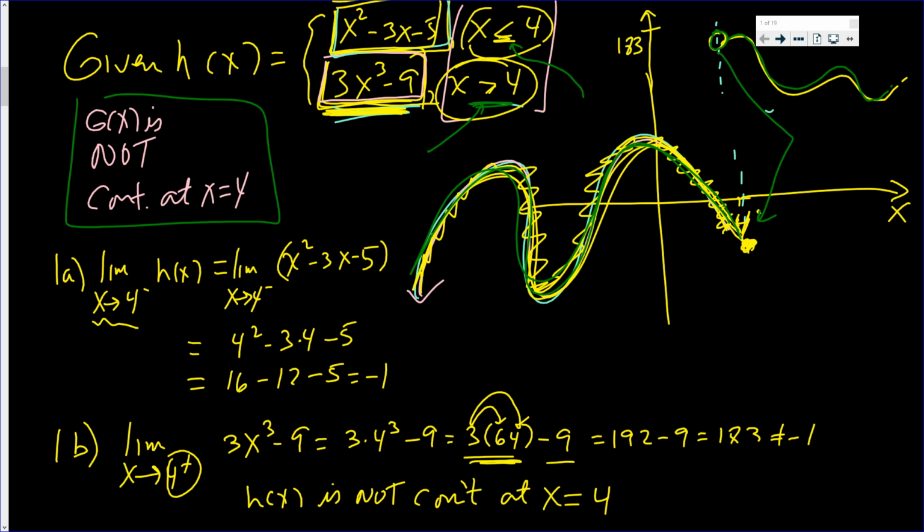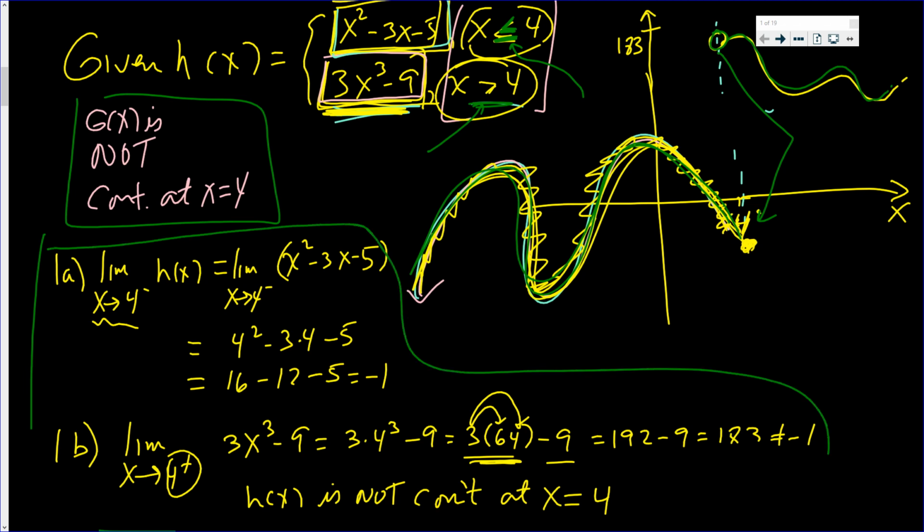And when I changed it to h of x by putting the equal sign right here, now it's less than or equal, then we had to check. I had to do all this work to decide that, nope, it's not continuous at 4.